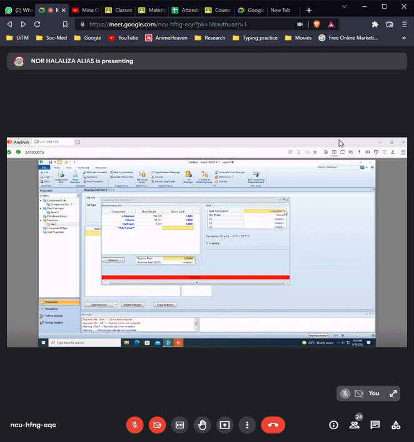But kalau you ada 2 reactants, so you have to decide and know which component becomes limiting, which component becomes excess. It is your job. HYSYS takkan pilih untuk you. You kena decide sendiri. But this one, as I mentioned just now, since we have only one reactant, so dia dah automatically choose N-heptane.